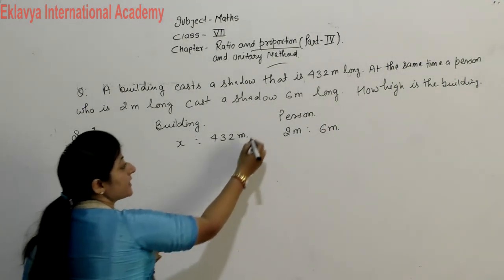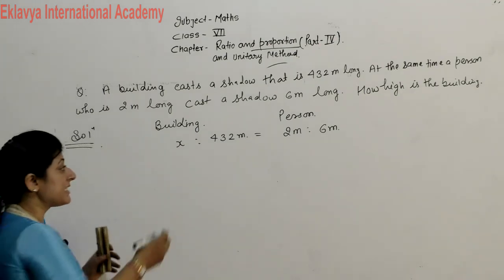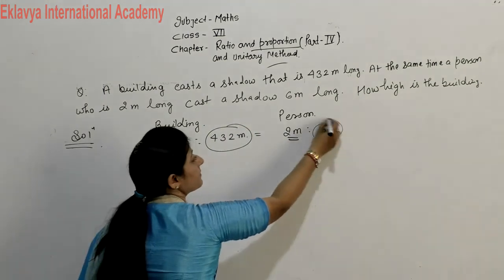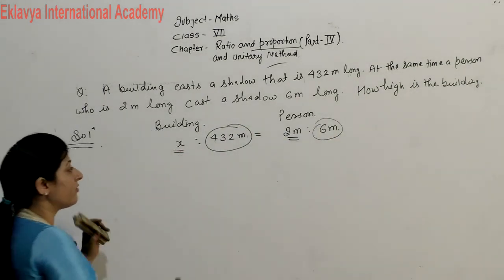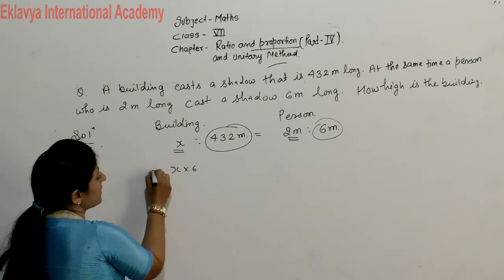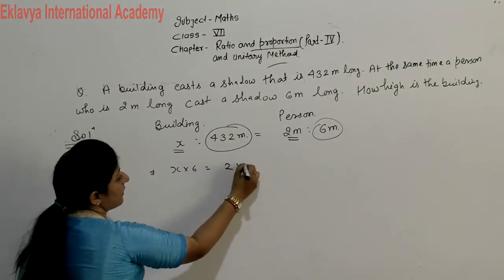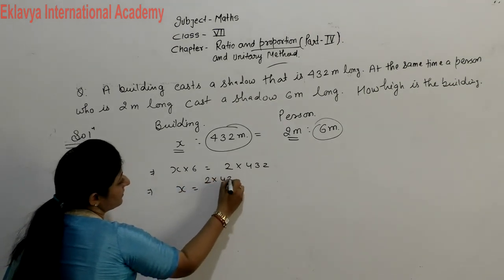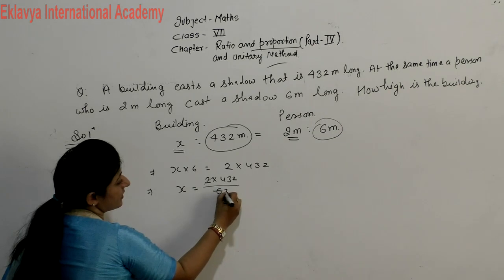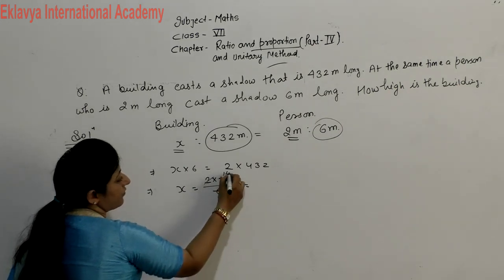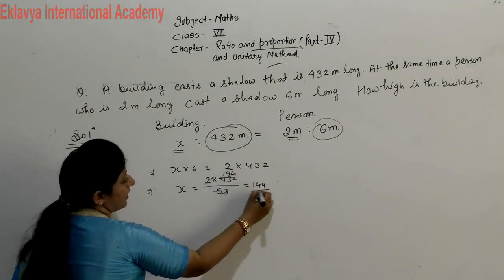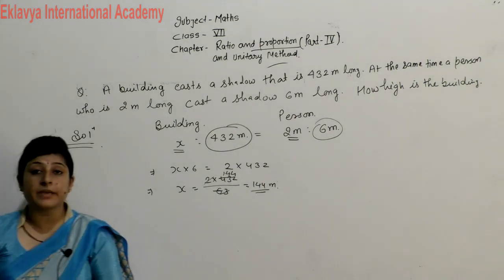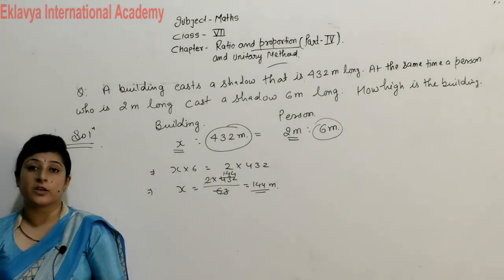It means there should be the same ratio. This is the original height and this one is the shadow height. So x into 6, product of extremes multiplied by product of means, x is equal to 3 1s are 3, 3 4s are 12, 3 4s are 12. What is the building height? Exactly, the building height is 144 meters.